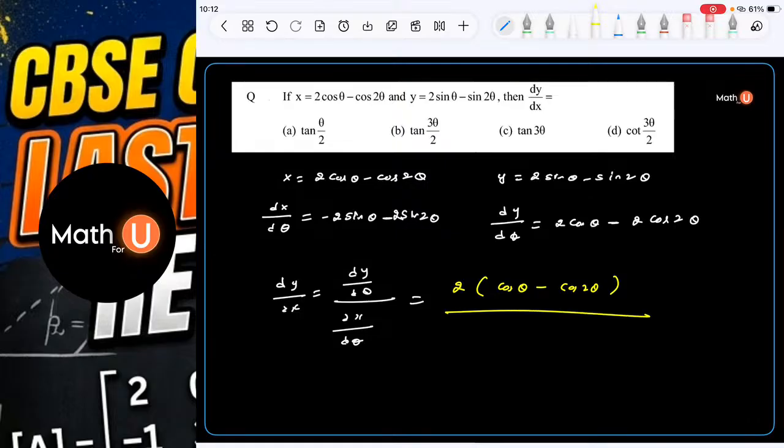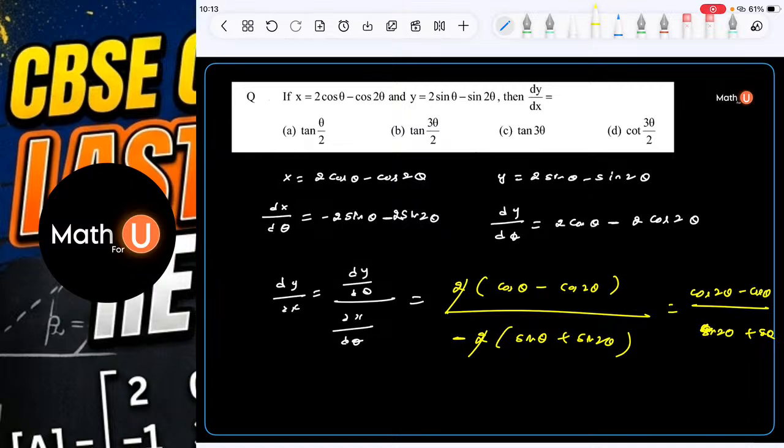In the denominator take minus 2 common, we get sin theta plus sin 2 theta. 2 cancels. Finally, if you want, you can multiply the minus inside the numerator. We get cos 2 theta minus cos theta by sin 2 theta plus sin theta. It can be written like this.